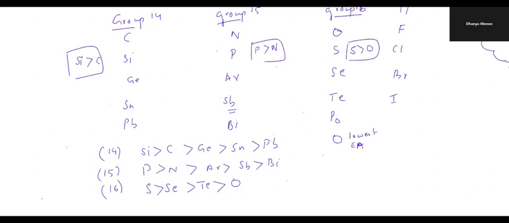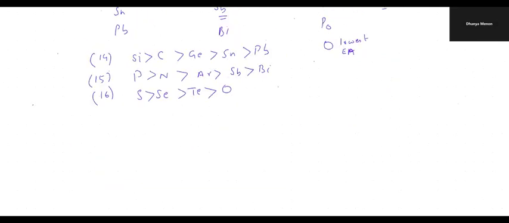In case they are mixing up two groups, for example, if I say arrange oxygen, sulfur, chlorine, and iodine in an order of electron affinity.